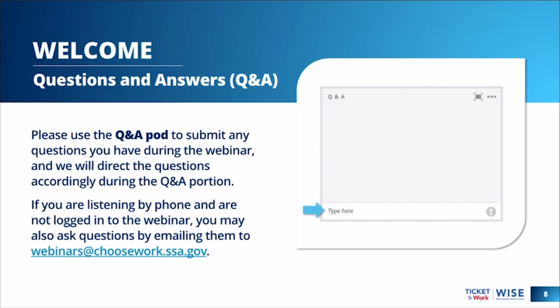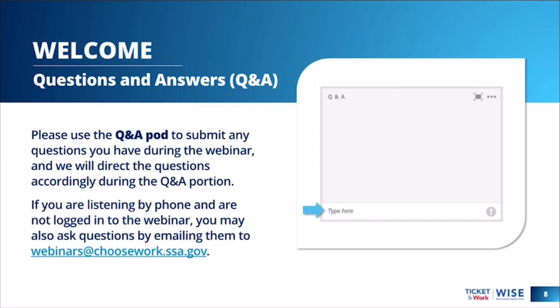We will have a couple of question and answer sessions today, and we are, of course, here to answer any questions you may have about the Ticket to Work program. Please send questions to us anytime through the webinar by typing them into the Q&A pod. If you're listening by phone and are not logged into the webinar, you may also ask questions by emailing them to webinars@choosework.ssa.gov.